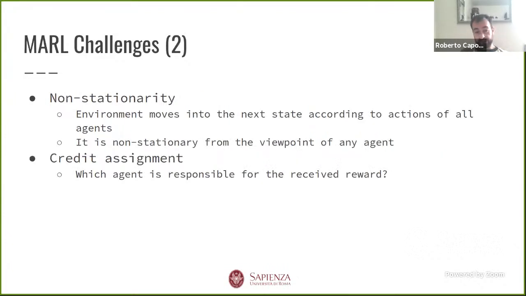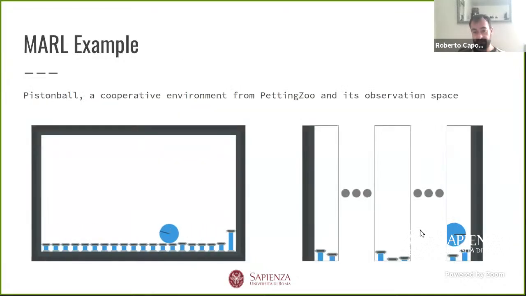The other problem is the one that I was discussing, which is the non-stationarity problem, because the environment changes and its dynamics change according to the actions of all agents. So from the viewpoint of a single agent like this, having this exact same state, this exact same observation, and executing the exact same action will lead to completely different rewards.